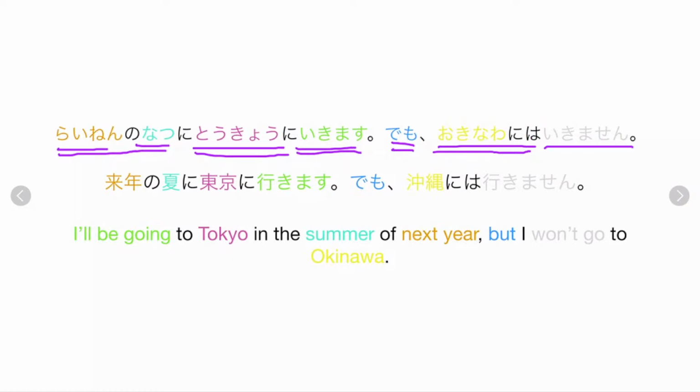This is what the ni wa is doing, and we'll talk about combining particles again in more detail in the future. Okinawa ni wa, as to Okinawa, ikimasen. I will not go. So the full sentence in English is I will be going to Tokyo in the summer of next year, but I won't go to Okinawa.